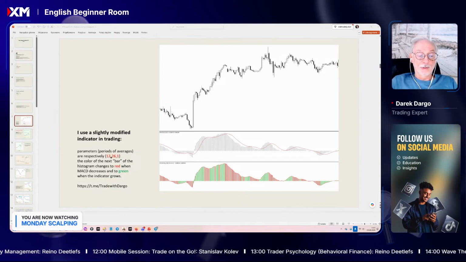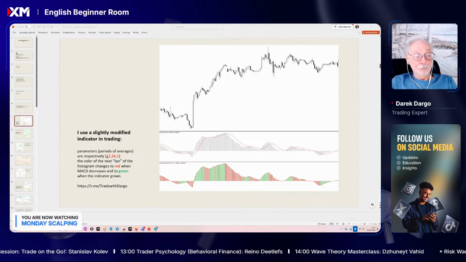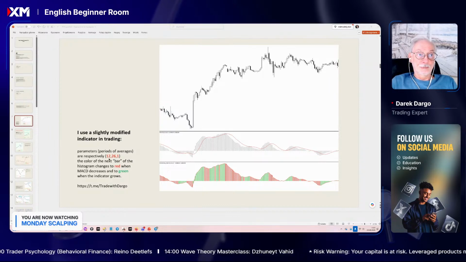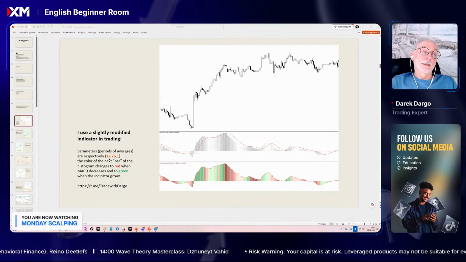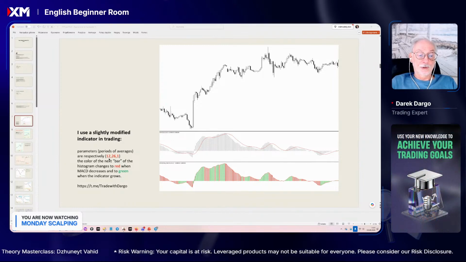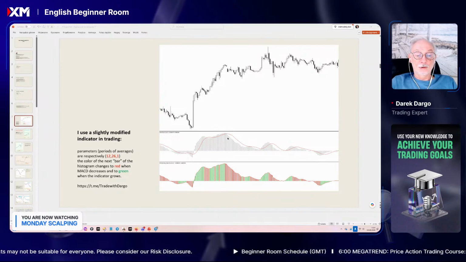I'm using 12 and 26. When you go to the settings, you'll find those numbers, which are the parameters of the moving averages. Those are the periods, 12 and 26. The last is 1 because I'm not using this red line, which is the signal line in the original.